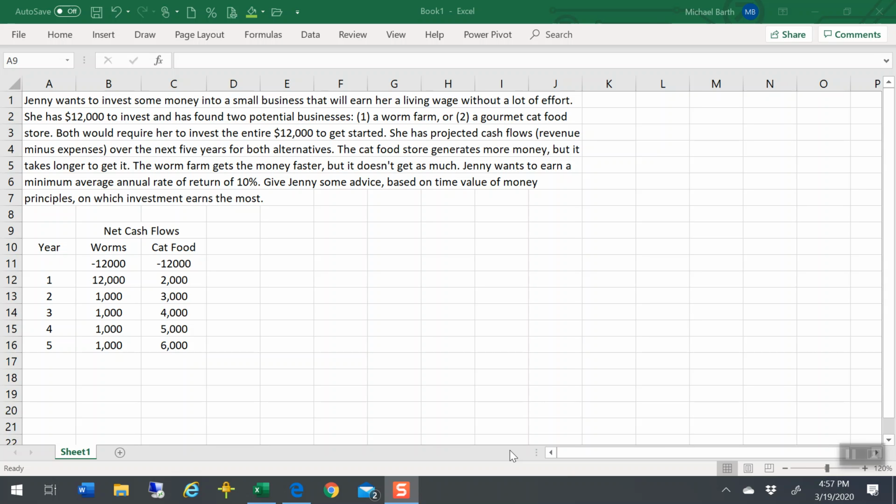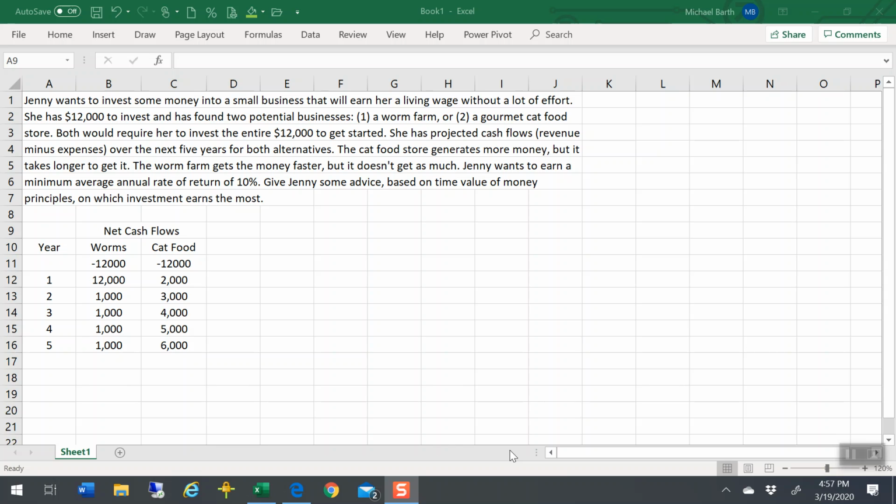The worm farm gets back the entire $12,000 in the first year, then brings in $1,000 a year after that. So the grand total she would get back is about $16,000 in the 5-year period. The cat food store, on the other hand, would generate about $20,000, but it takes longer to get.